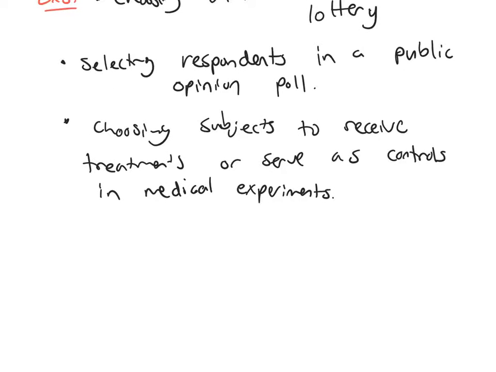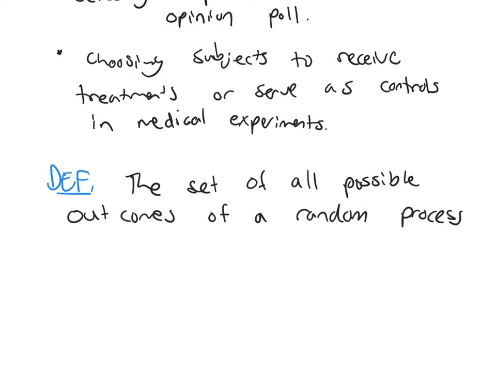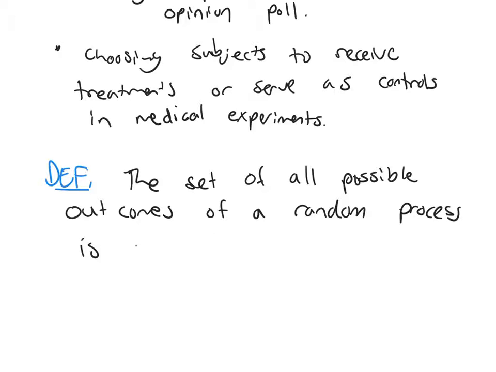So the next definition we're going to look at is sample space. So the set of all possible outcomes of a random process is called a sample space.